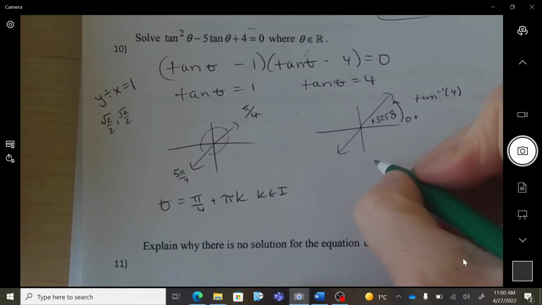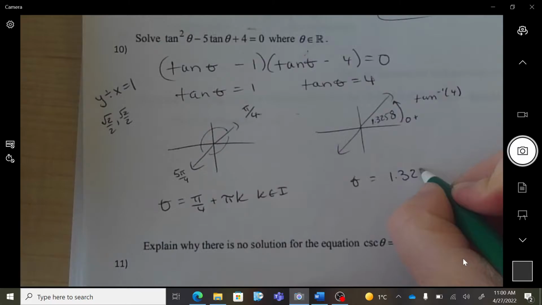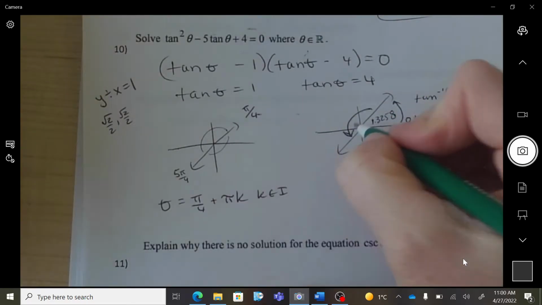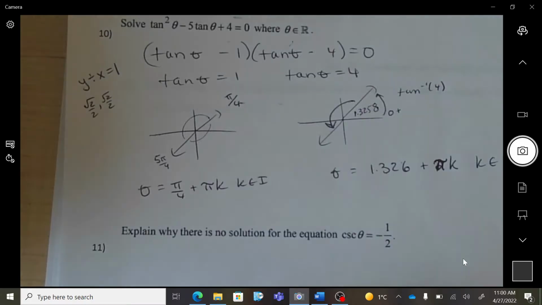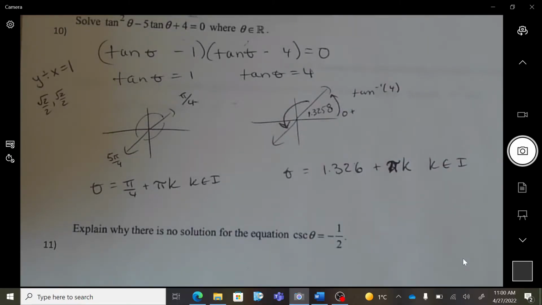So 0 plus that would still be that. And then we can say plus a pi k, because that's a half rotation, and then I include that. So if I just do a 1 pi revolution, that would include that answer.